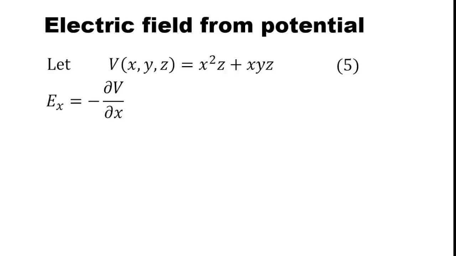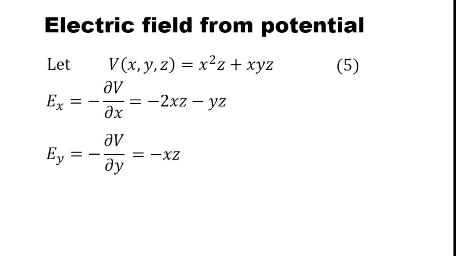Therefore, the x component of electric field is equal to minus partial derivative of potential, that is V, with respect to x. So on differentiating equation 5 with respect to x, we get minus 2 times x times z minus y times z. Similarly, the y component of electric field is equal to minus partial derivative of potential with respect to y.